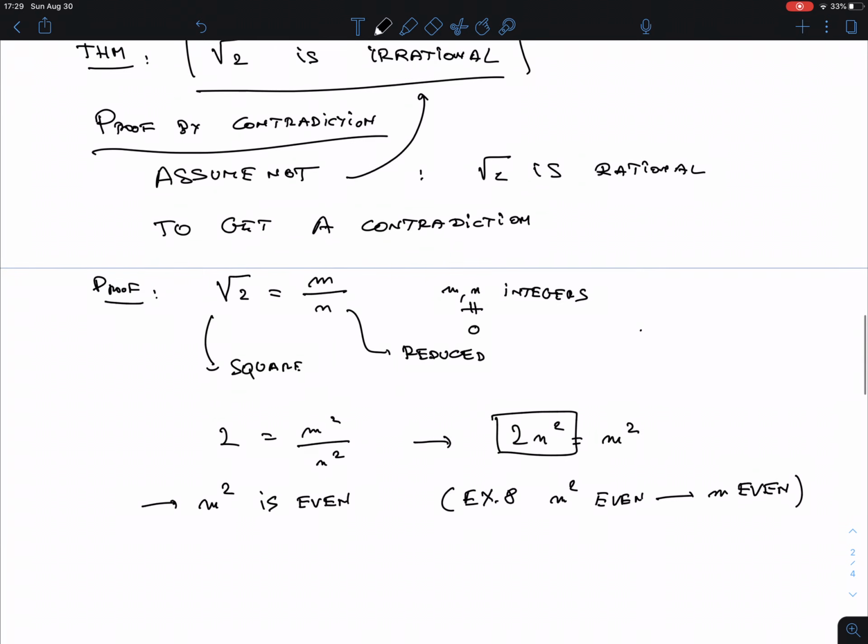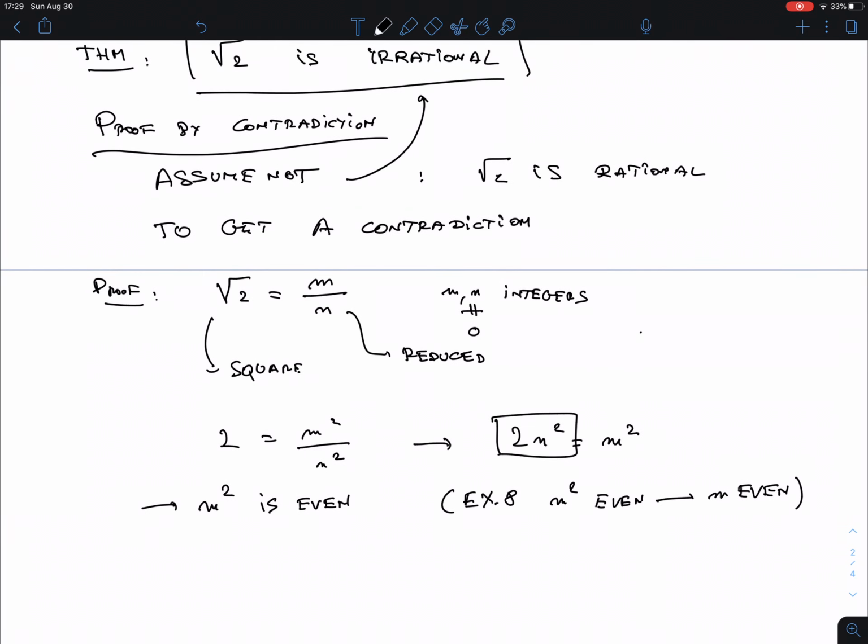The actual exercise is about odd, but it's the same thing. So try to prove this by contradiction. You can also prove it by contraposition, by the way. So you can use either way. Very often, a proof by contradiction involving an implication can also be done by contraposition. But, okay. So m squared is even.